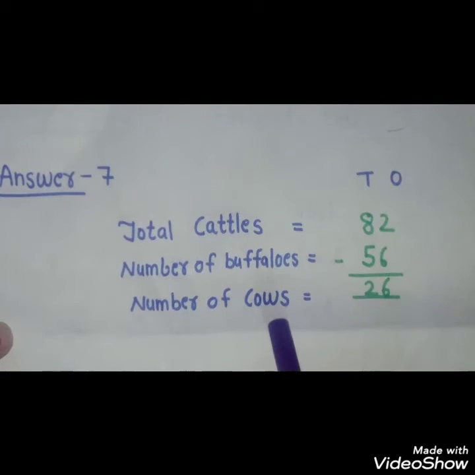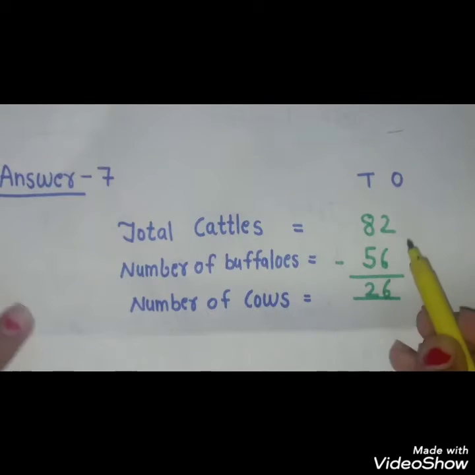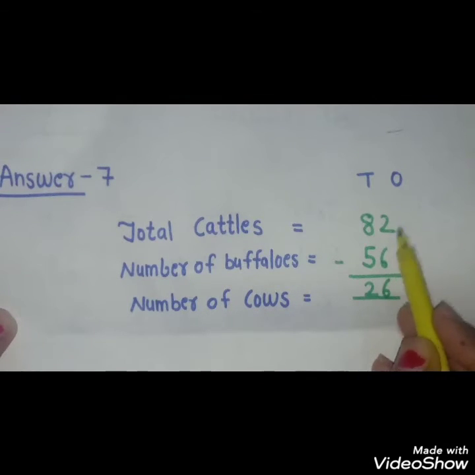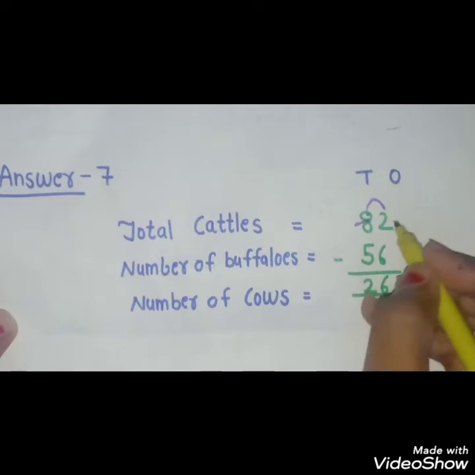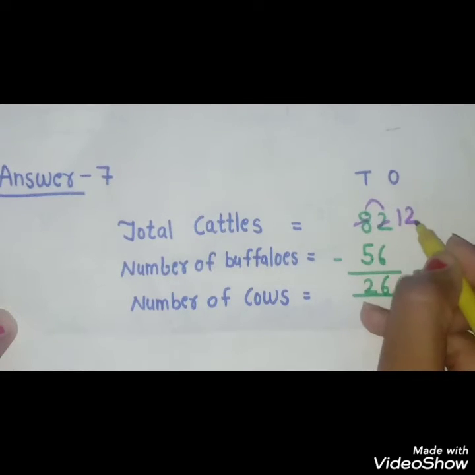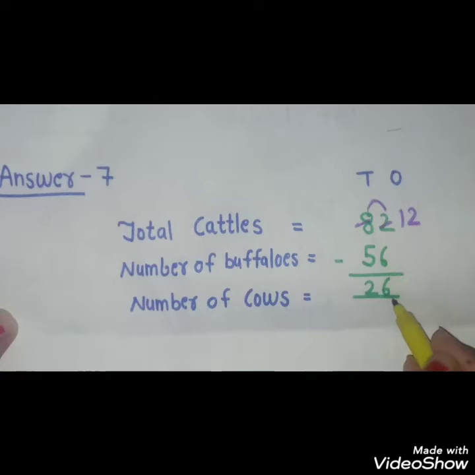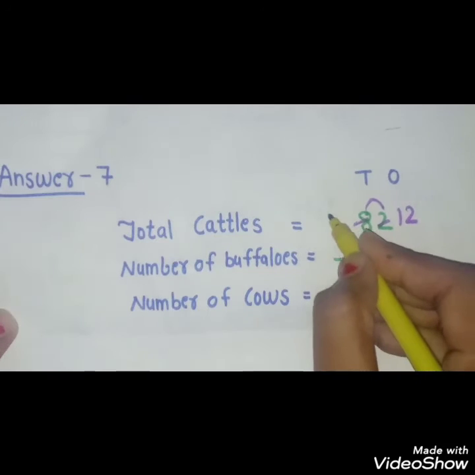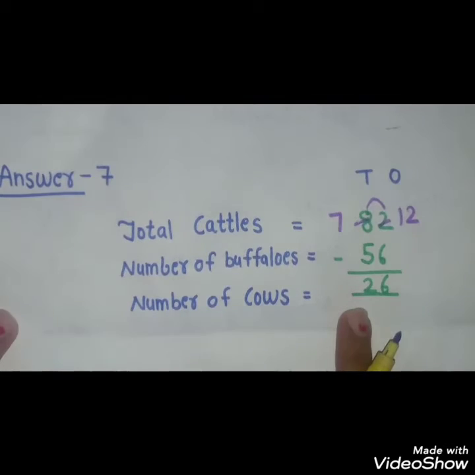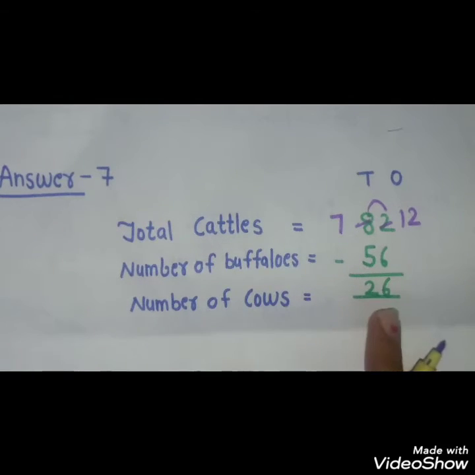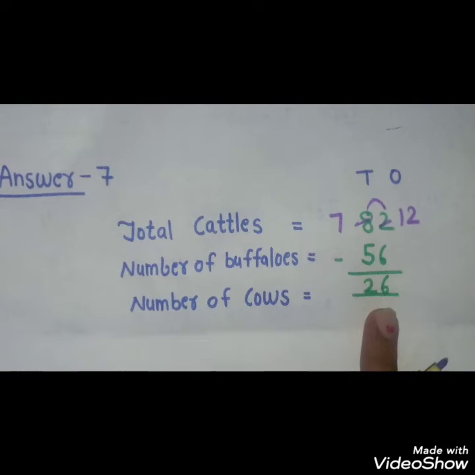How do we subtract? We subtract 6 from 2. No, it is not possible. So we take carry from 8. It becomes 12. 12 minus 6 is 6. Here 7 is left. 7 minus 5 is 2. That is 26.